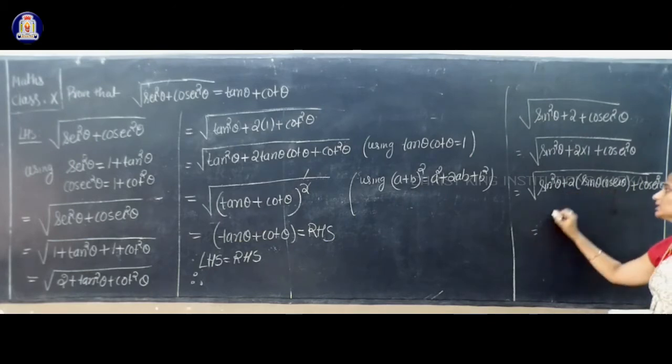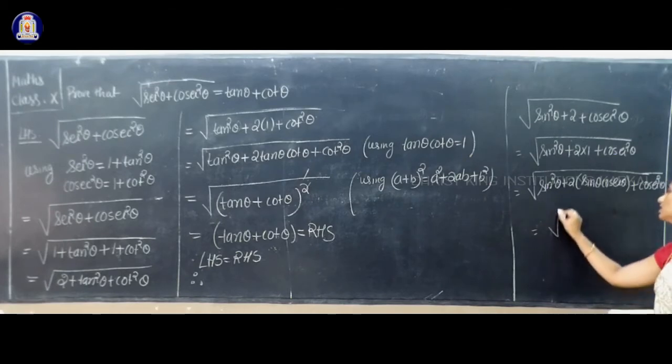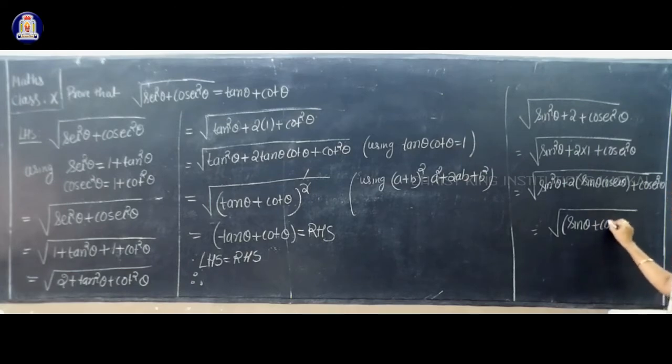So this is equal to a square plus 2ab plus b square, which is equal to a plus b whole square. A plus b whole square means square root of sin theta plus cosecant theta whole square. Square and square root cancel, which is equal to sin theta plus cosecant theta.